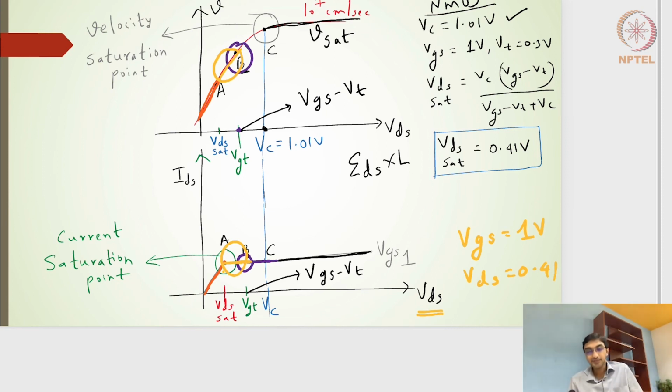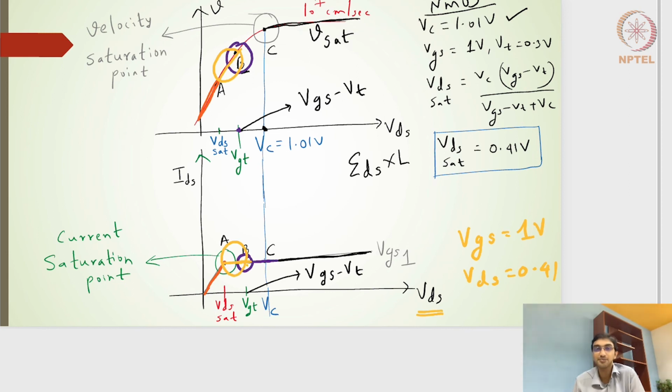The empirical reason given for point A onwards is that the majority carriers flowing from the source to the drain side will have multiple effects. One, point A is very close to point B, or rather 0.41 is closer to 0.7 volts, so the channel at the drain side is decreasing.